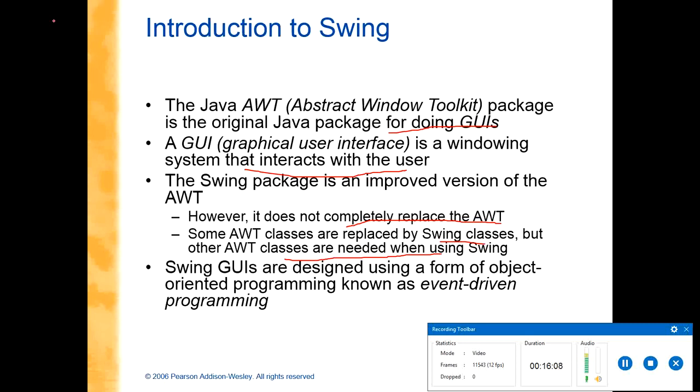Swing is an improved version, whereas AWT was the previous version. Swing GUIs are designed using a form of object-oriented programming known as event-driven programming. So Swing GUI is based on event-driven programming.